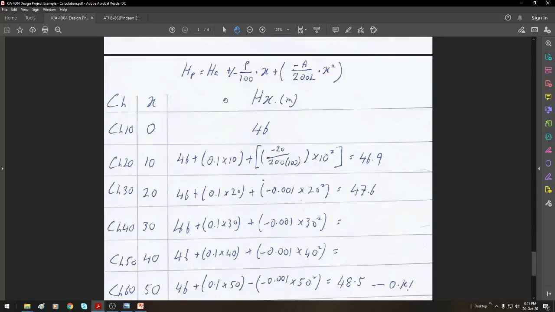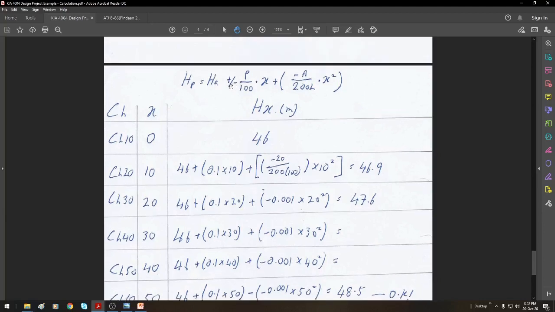The formula is H, the height at certain points, equals HA that we have calculated earlier, plus or minus depending on the gradient. In our case, it is plus because it is from chainage A going up. It is a crest curve. P is the value of the gradient. X is the distance from chainage A to our point of interest.